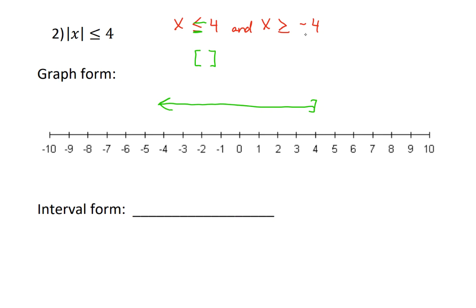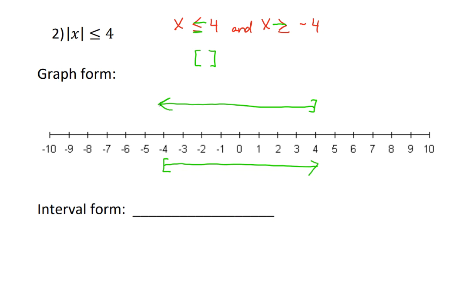And then x is greater than or equal to -4. So on -4, again, we would have a bracket, but this time we go to the right because my inequality symbol looks like an arrow pointing to the right. And if you'll remember, we only can use that trick if our variable is first. So our connecting word is and, which means we can only put on the graph the part that is overlapping.